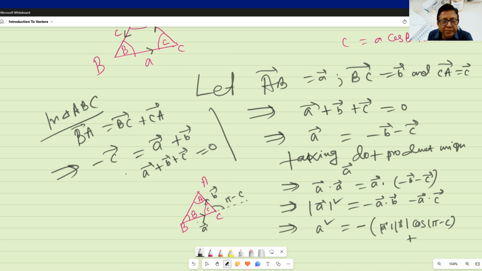Similarly, a dot c will be what? c is going to be this way, a this way, and c direction actually this. Then a dot c is going to be mod a, mod c, cos pi minus B. Okay?